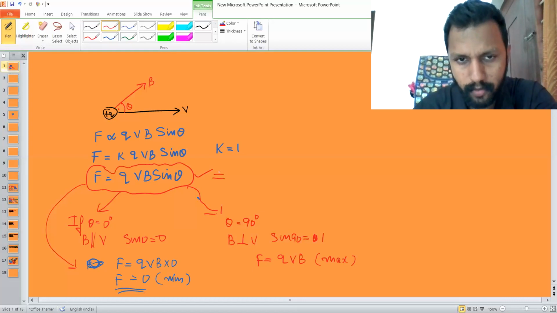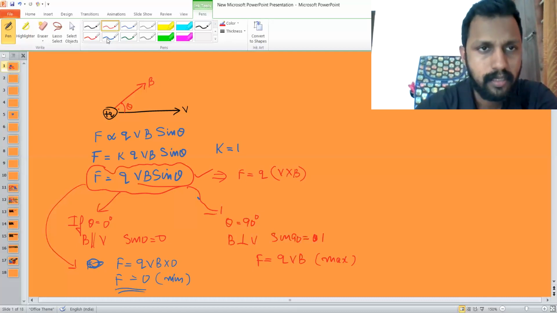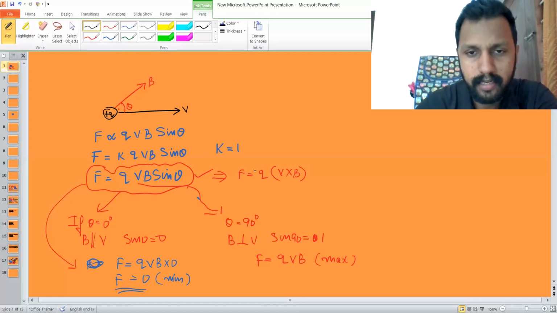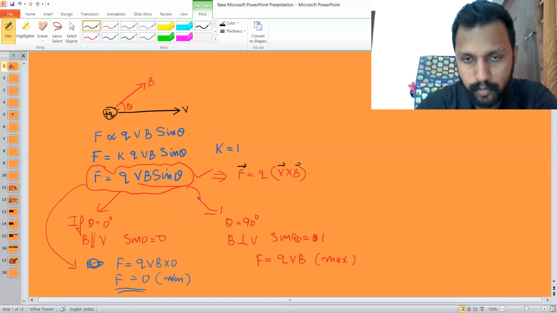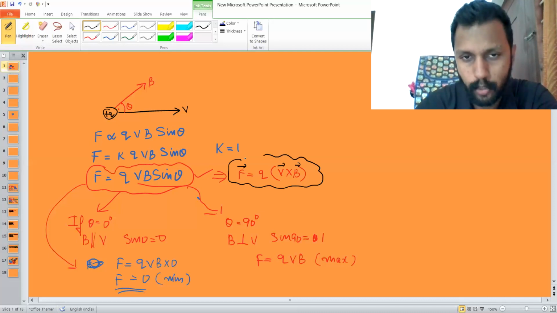There's another way of representing this magnetic Lorentz force, that is F is equal to Q into V cross B. VB sine theta can be written as V cross B, so F is equal to Q into V cross B, where F, V and B are vector quantities. The force will be in the direction of V cross B. Therefore, this is called the magnetic Lorentz force.